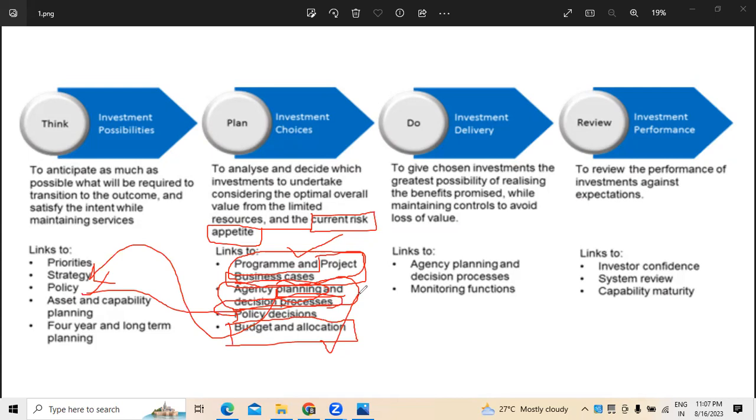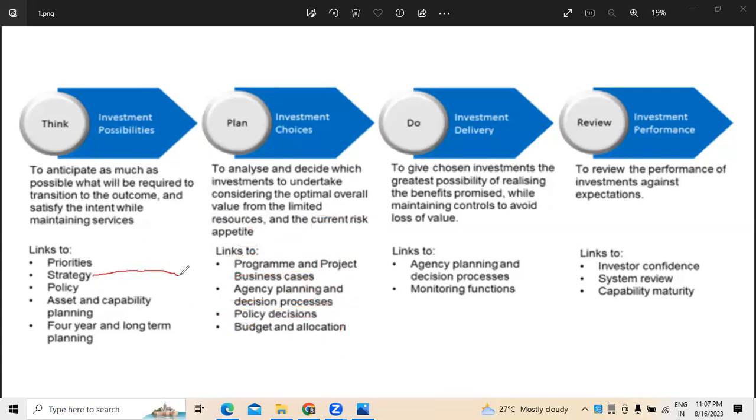So all these are interconnected. If you observe closely, the strategy requires a decision making process, and whatever policy discipline we follow connects with policy decision making. At the same time, budget allocations, based upon the asset capability we want to follow, followed by a long-term planning for sure.